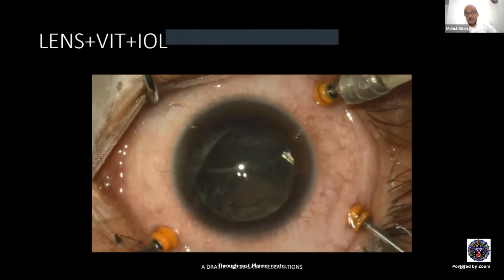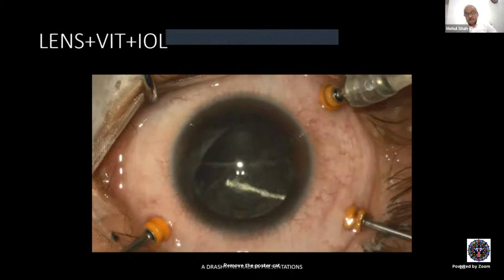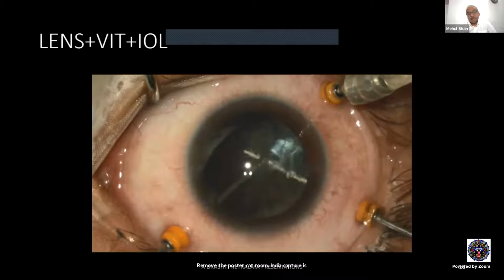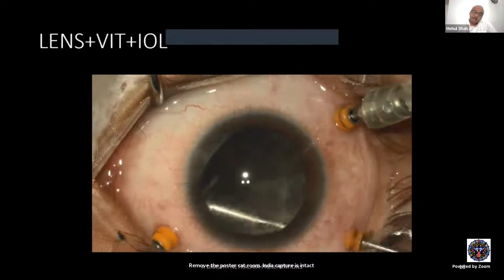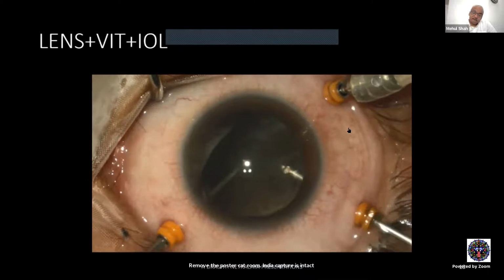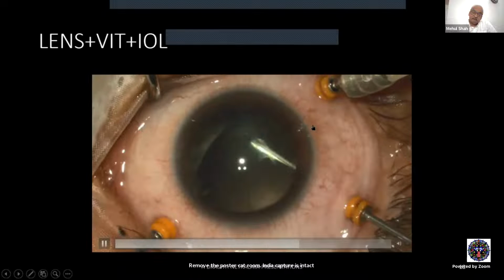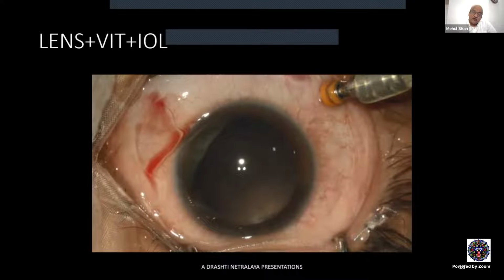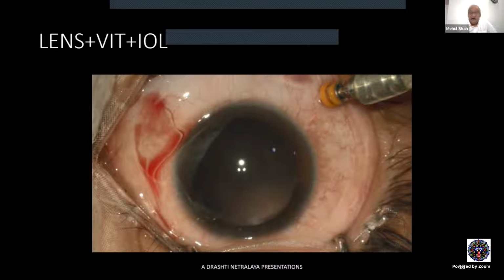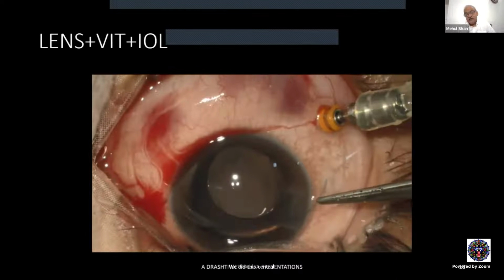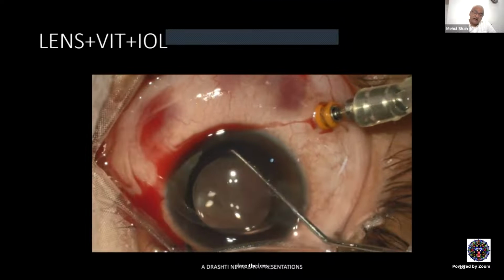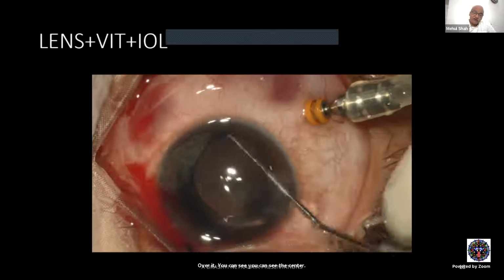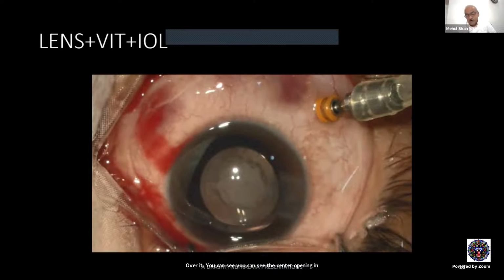The anterior capsule is intact. We did a central opening in the anterior capsule and placed the lens over it. You can see the central opening in the posterior capsule. The patient is doing extremely well.